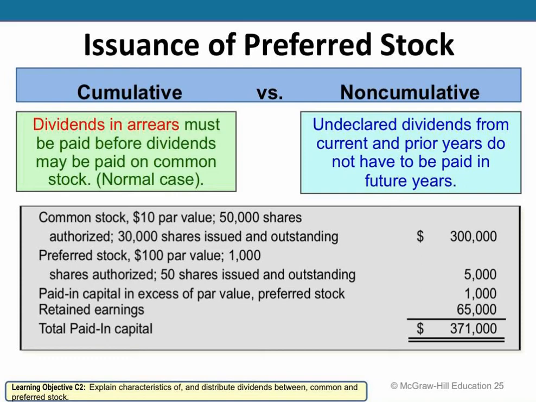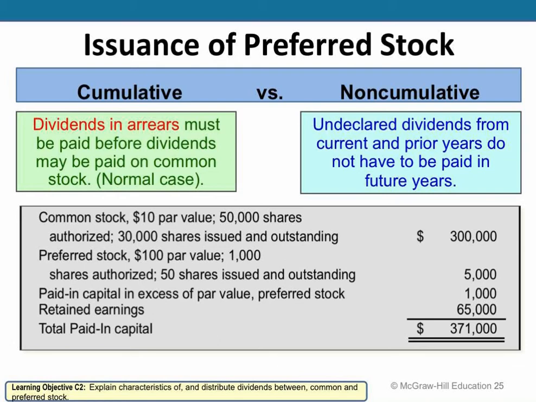Here for preferred stock, we've got cumulative versus non-cumulative. If a dividend is in arrears, which means we haven't paid it, then it must be paid before dividends are paid on any common stock. So if we haven't paid our preferred shareholders, we cannot make a dividend payment to common stockholders until we catch up and pay all the dividends that should have been paid to preferred shareholders and make them current.